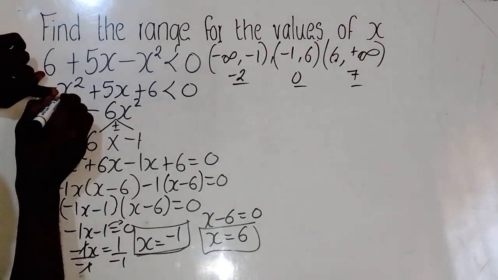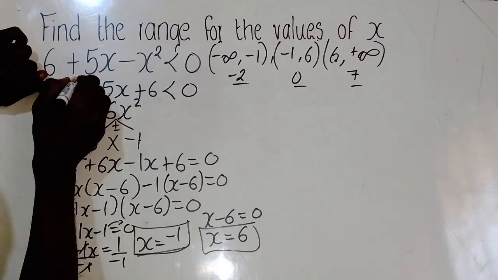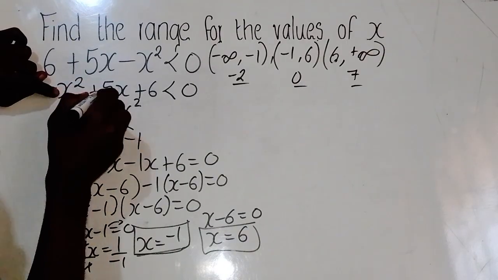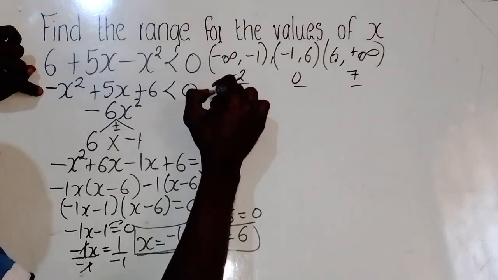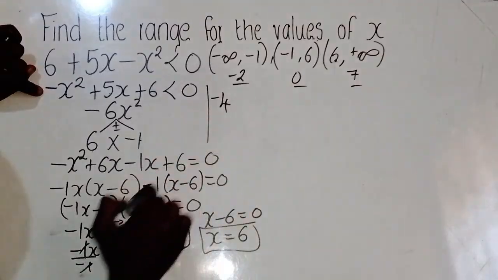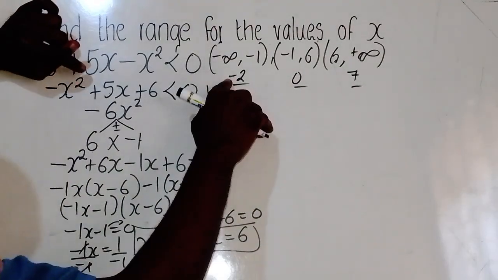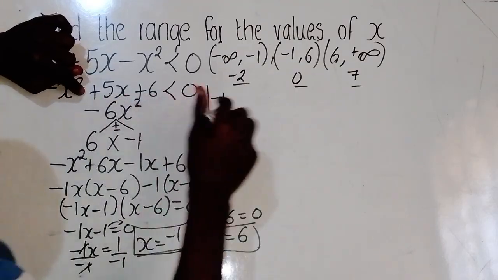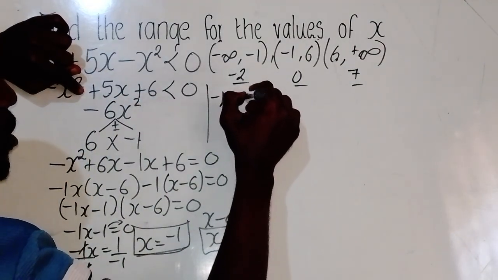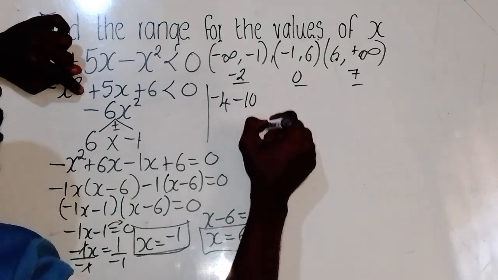If I pick negative 2 and put it here, negative 2 to the power 2 is positive 4, and negative times positive 4 gives me negative 4. Then positive 5 times negative 2 gives me negative 10.